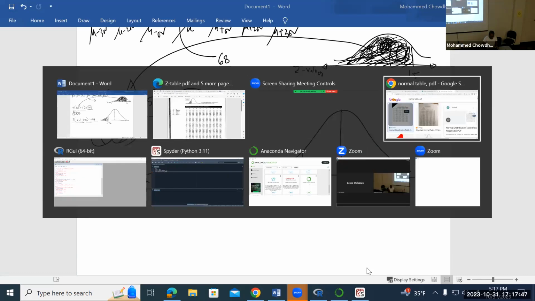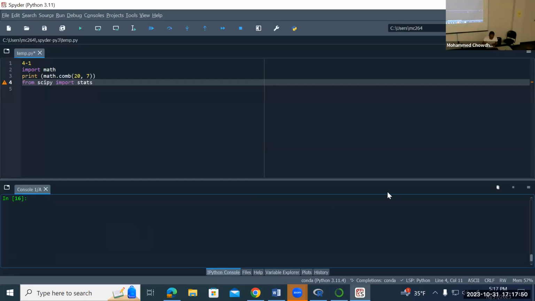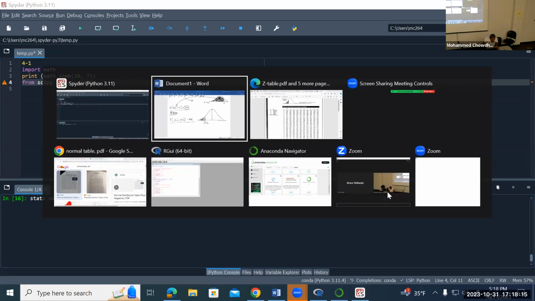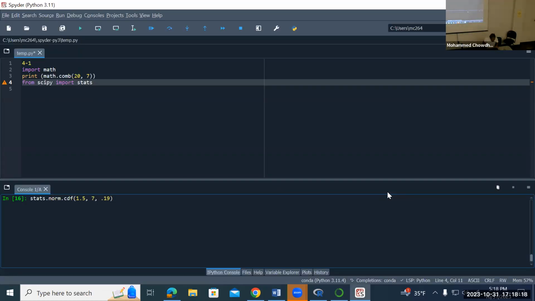So you have to find a formula similar to the one you previously found. It should be CDF. Instead of here, it should be norm, I guess. CDF. And what is the value? I said it is 1.5, the first one, and our mean equal to 0 and standard deviation equal to 1. Let's see whether it will work.